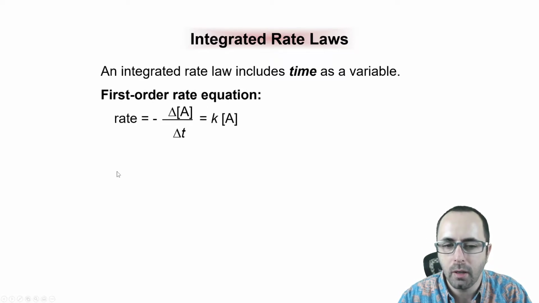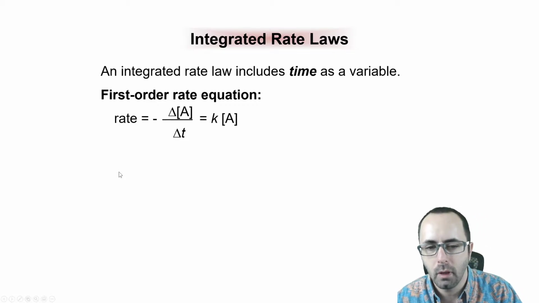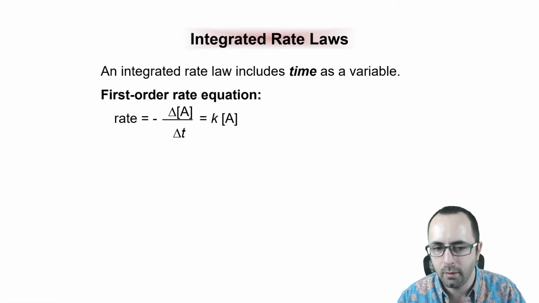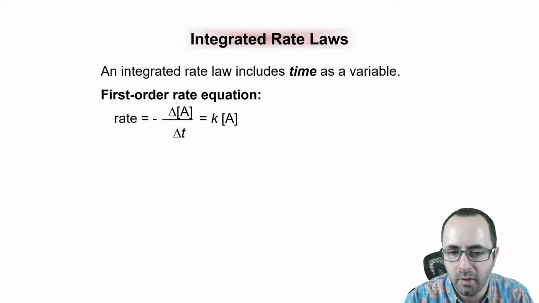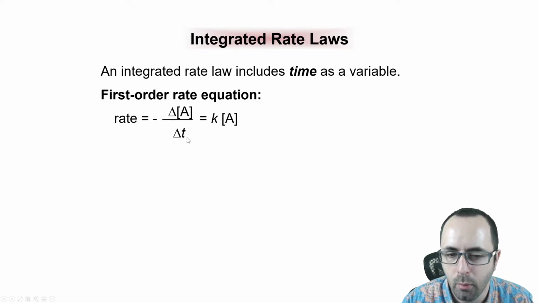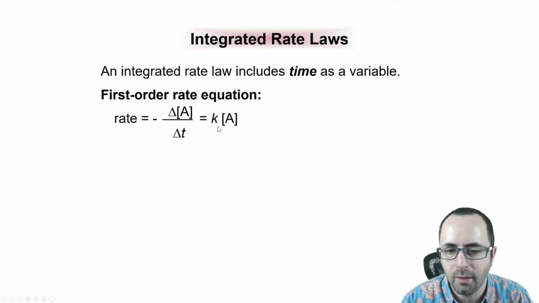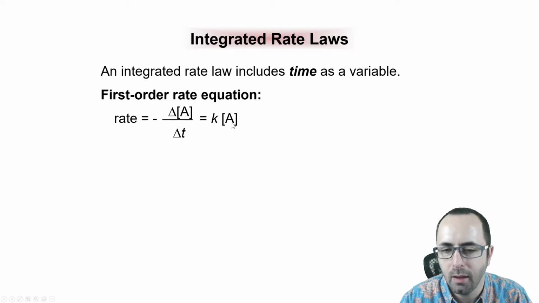The first order rate law was given in this way. The rate, which is specifically written as delta A, concentration A over delta time, negative if it's a reactant, and we write the rate law for reactants, is going to be the rate constant times the concentration of our reactant.